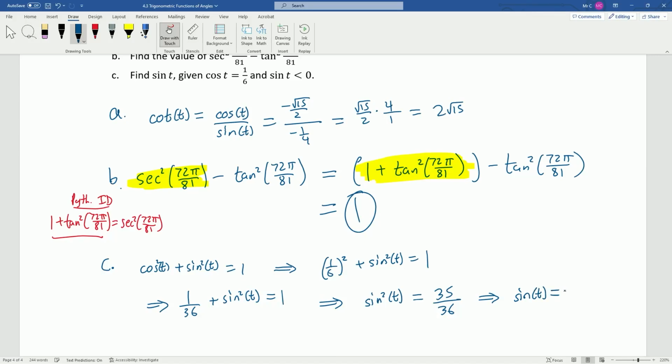Sine of t is, well, plus or minus the square root of 35 over 6, because the square root of 36 is 6. But it's not plus or minus, it's one or the other, and the problem stated that sine was negative. So that's the one we're going to use. Negative root 35 over 6.